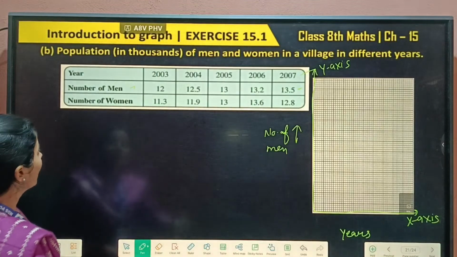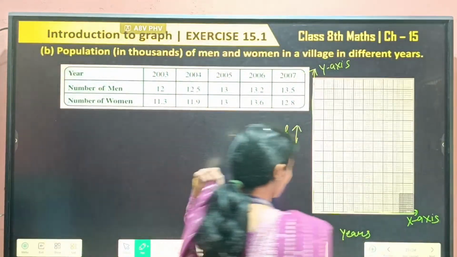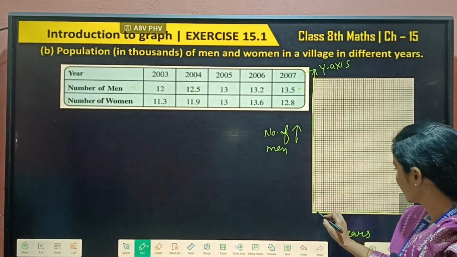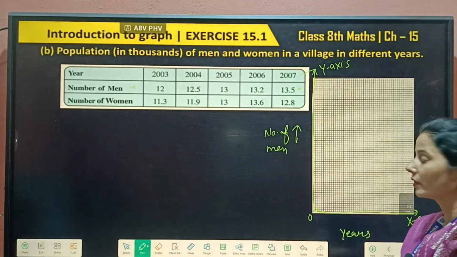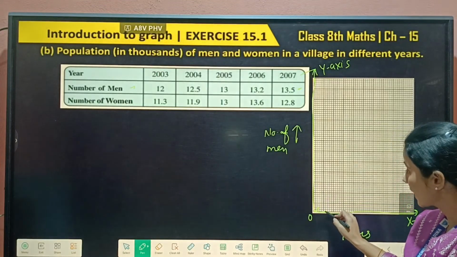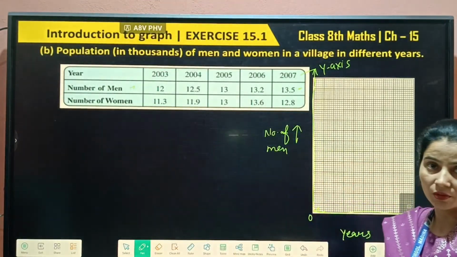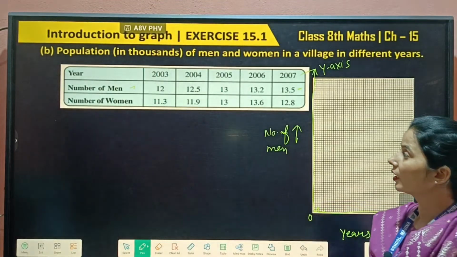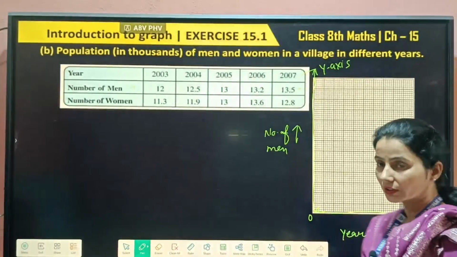First of all, see 2003, 4, 5, 6 and 7. So I can consider this is 0, and one kink I will write in between, one jagged line I will show, because 2000, 2001, 2002, these years I will not show on the axis. I will start from 2003.